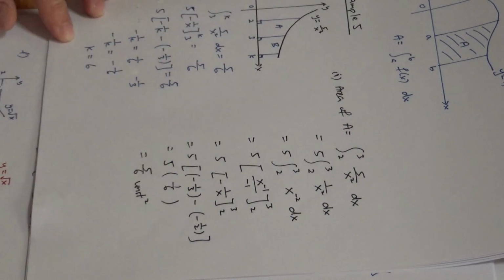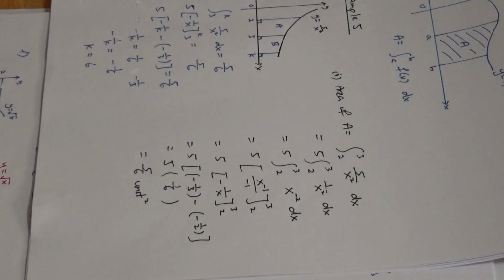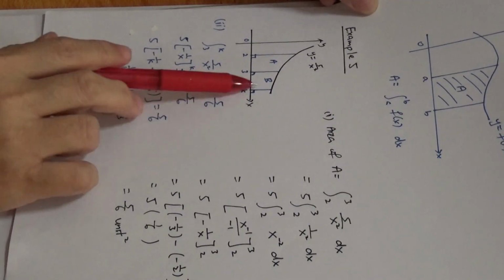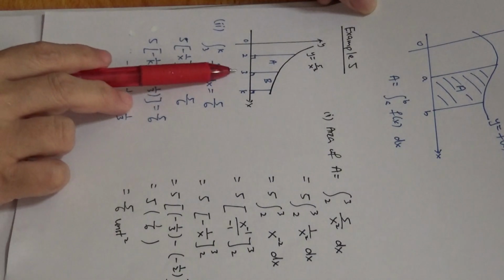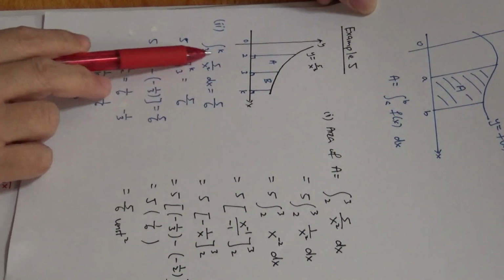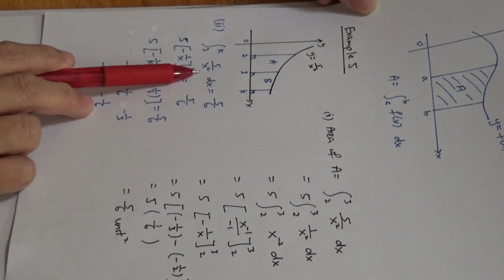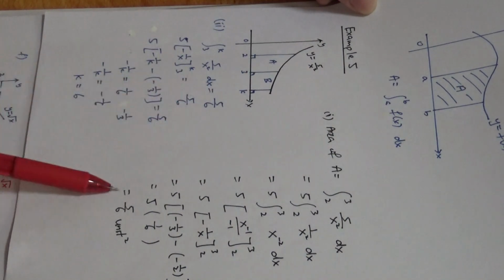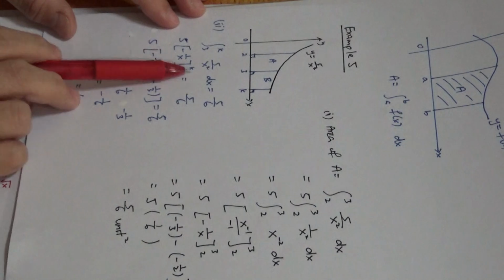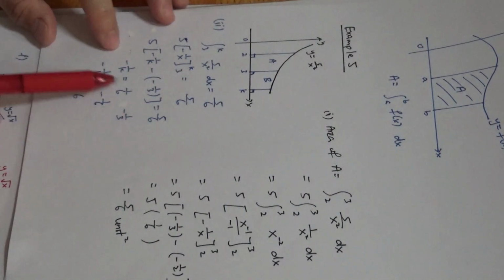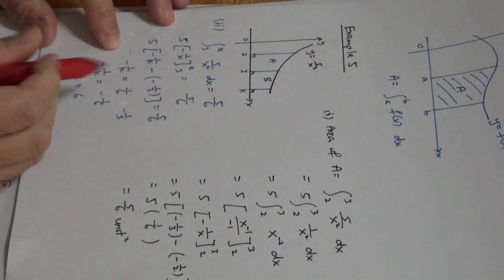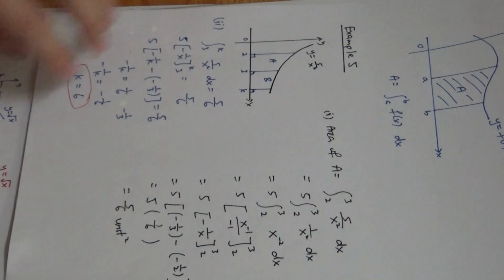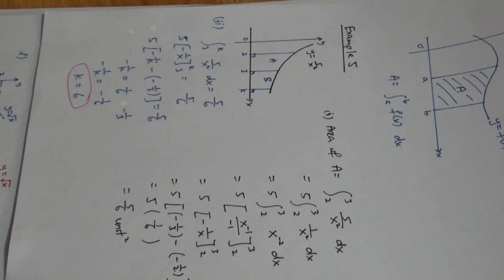Alright, next, find the value of k such that the area of region B is equal to the area of region A. Now, in order to find the area of B, I need to integrate from 3 to k this particular function, and it must equal 5 over 6 because these two have the same area. Therefore, I integrate, I substitute in, I will solve, and therefore I will get k equals 6.